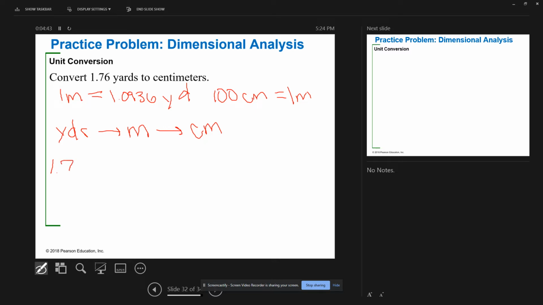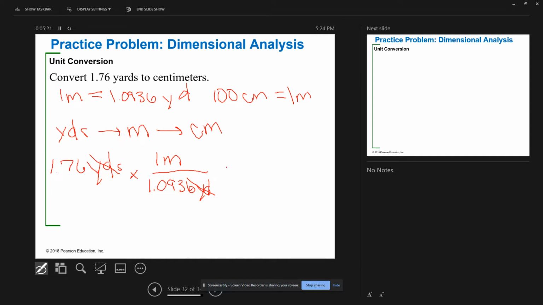So I have 1.76 yards. And I'm going to multiply it by the ratio that gets rid of the yards. So I want to go from yards to meters first. So the yards are going to go down here because I want to cancel them. So I have 1.0936 yards and 1 meter on top. So the yards cancel, and I'm left in meters.